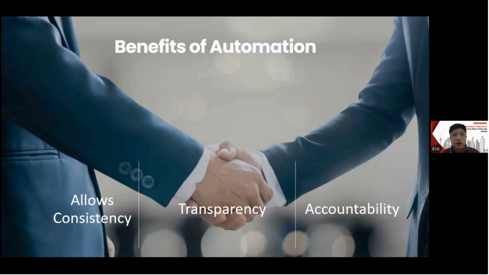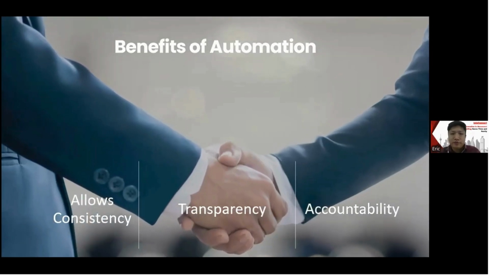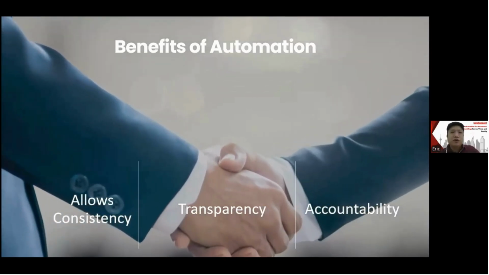The reviewer cannot say something like, oh, this one skips my process, I did not finish reviewing this. No. Because the system is in place, it makes sure everybody fulfills their role. Therefore, accountability is enforced. Okay, so these are some of the benefits of workflow automation.